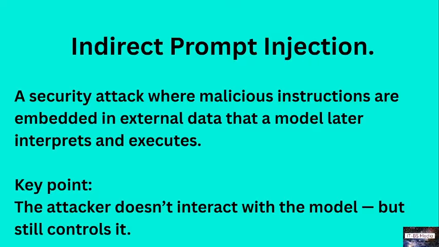Now, let's define what indirect prompt injection is. It is a security attack where malicious instructions are embedded in external data that a model later interprets and executes. The key point here is that the attacker doesn't interact with the model directly, but is still able to control it.